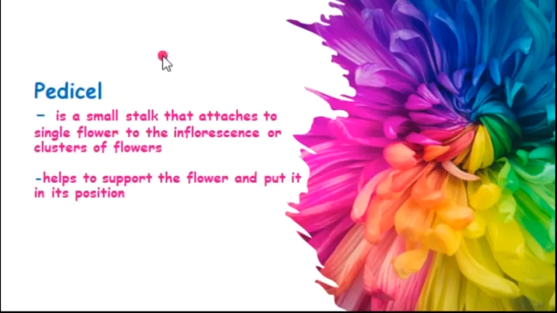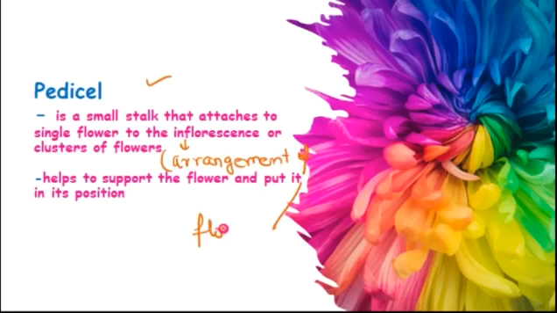So this is a pedicel. Pedicel is a small stalk that attaches to a single flower or the inflorescence, or to a number of flowers. Inflorescence means arrangement of flowers on the stem. Basically, what is the function of the pedicel? It supports the flower and keeps the flower in position.